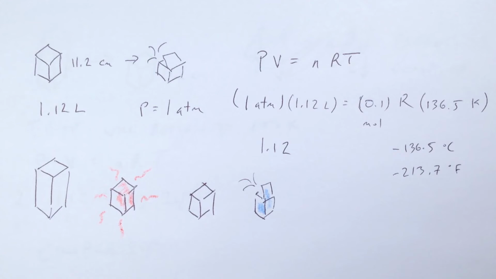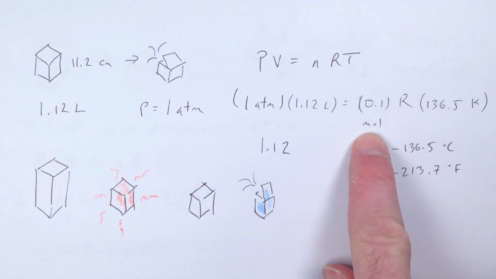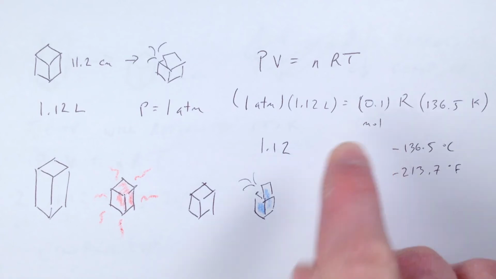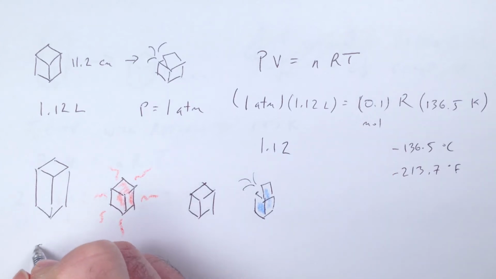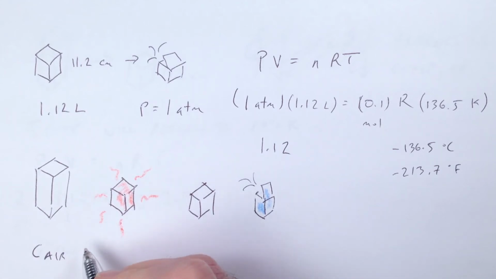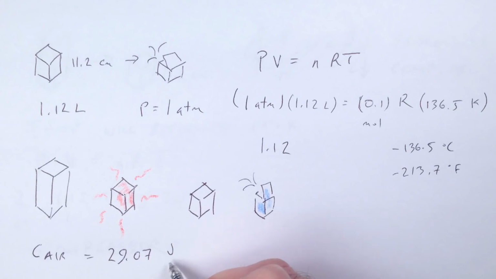Not useful to measure the mass of air in this situation because we never actually had a mass of it, we just had moles of it. So if you were to look up the molar specific heat of air, you end up getting 29.07 joules per mole Kelvin.